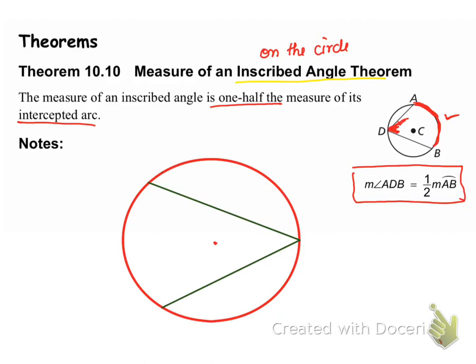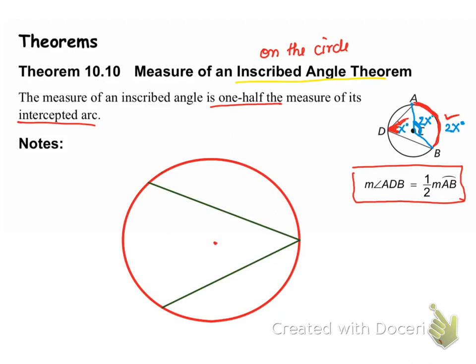And how do you find the measure of arc AB? That's actually the measure of the central angle. If this is 2x degrees, the inscribed angle is going to be x degrees.